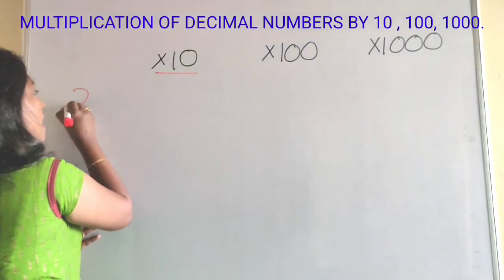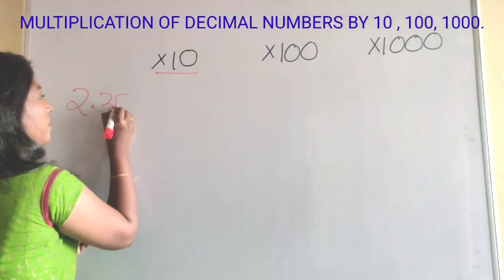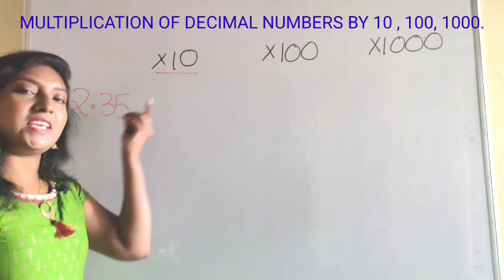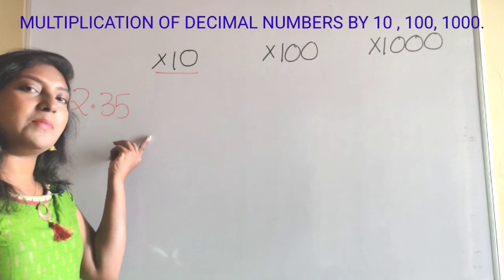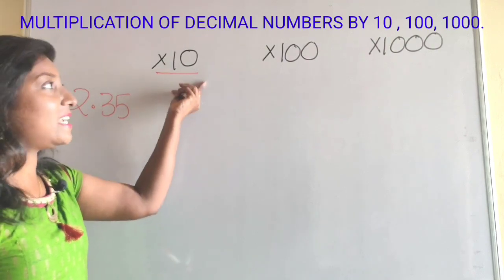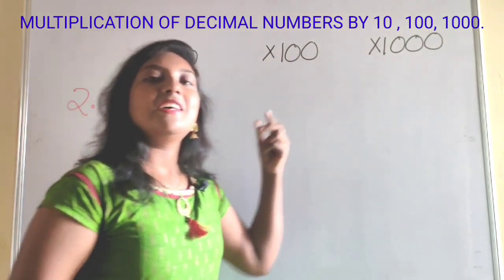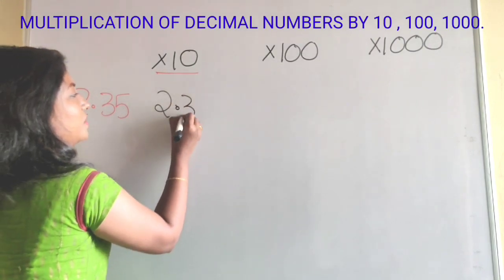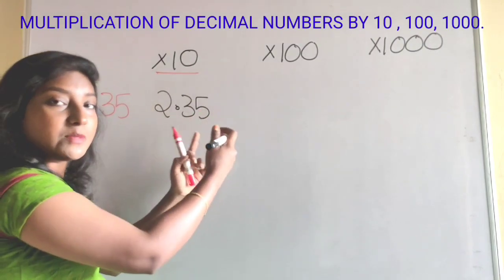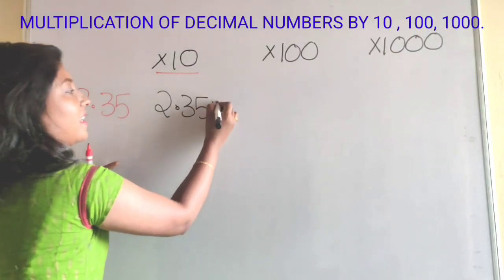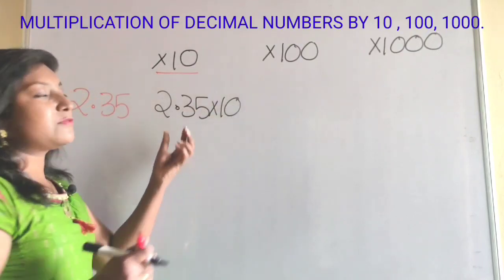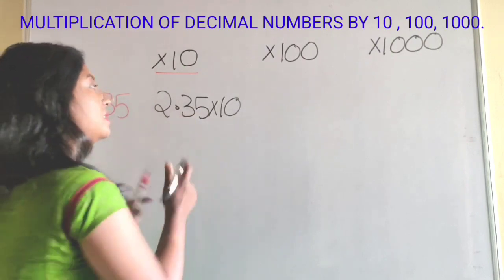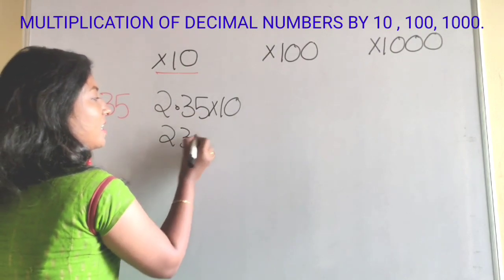Here I am taking the number 2.35. So, this is a decimal number. Now, we are going to see how to multiply this decimal number, that is 2.35 by 10, 100 and 1000. We have to multiply this decimal number by 10. Next, remove the decimal point from this number. So, 2, 3, 5.